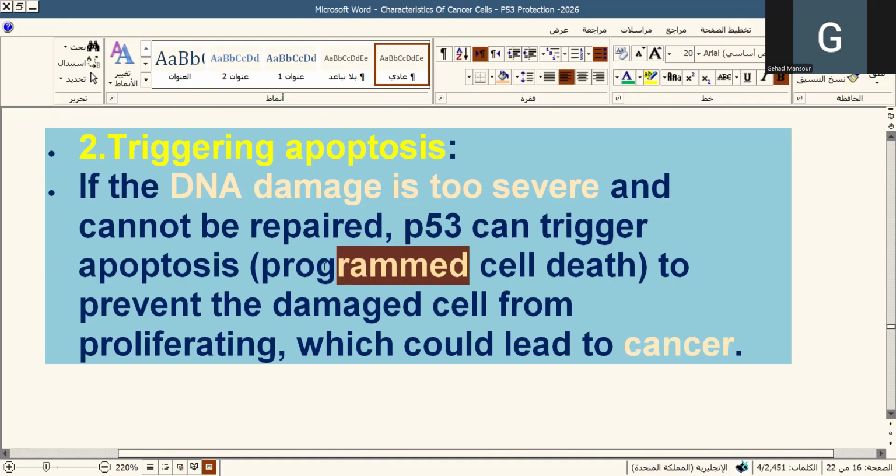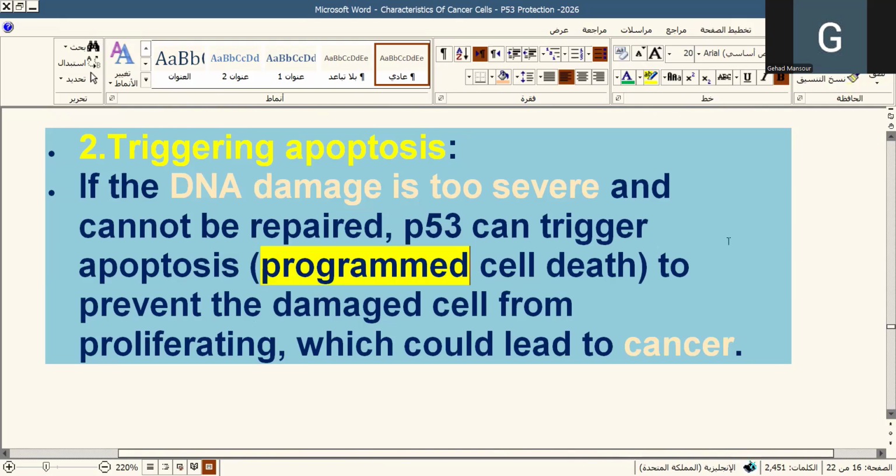That's why we say it is programmed cell death, because it's a very organized process of cell death in which certain enzymes help in breaking down the cell components, but at the same time, the results of breaking down the cell will be engulfed by macrophages, so that there will be clean recycling of such components, and therefore there will be no inflammation.